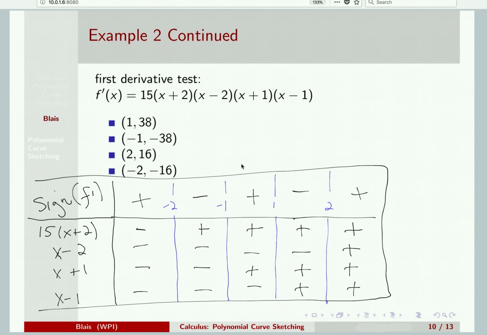So that's a lot of information, but we can now use this top row to see that anywhere the sign of the first derivative is positive, our function is increasing. So f is increasing on negative infinity to negative 2, union minus 1, 1, union 2 to infinity.